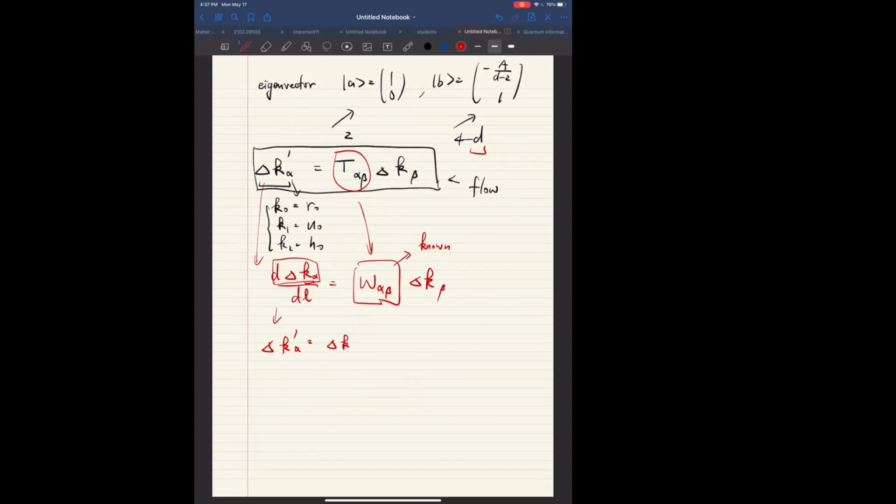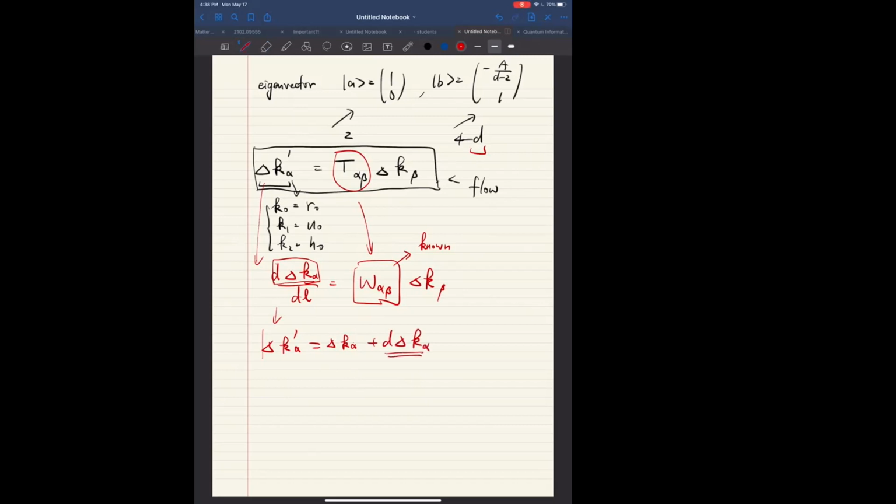So what I'm saying is this part, this small d delta K alpha, is nothing but this one, right? So this is a small change, so there's no problem here. So we can write this is this one plus d, right?